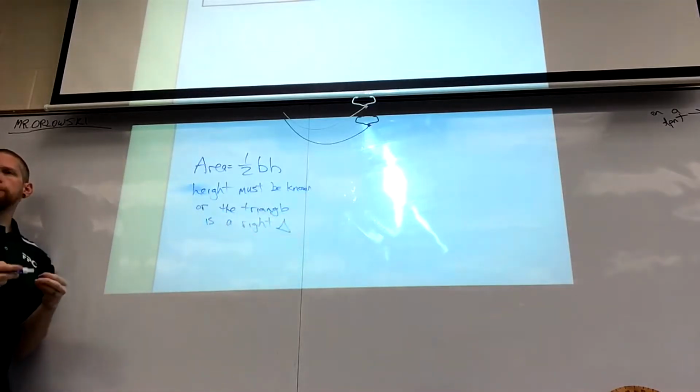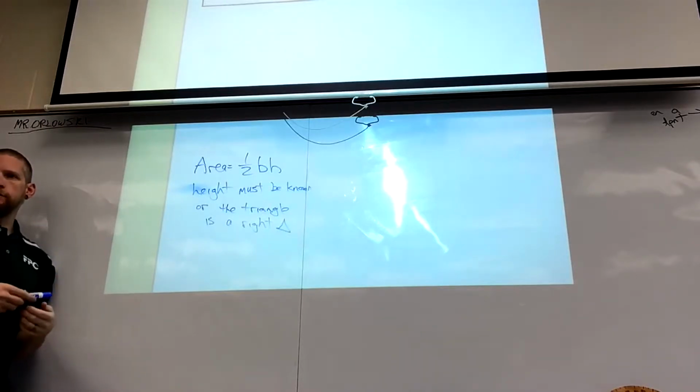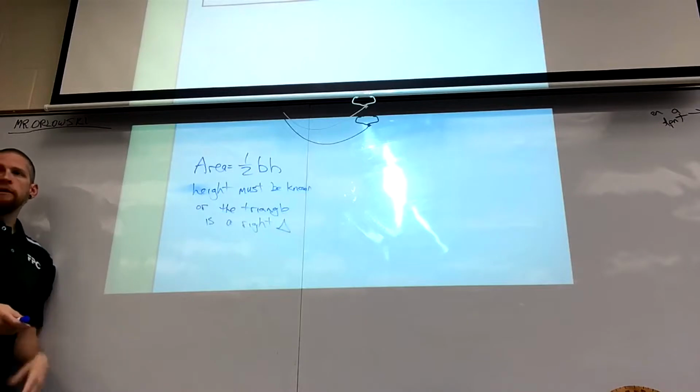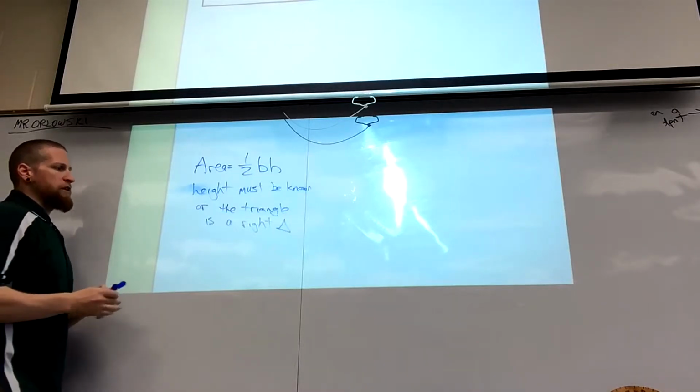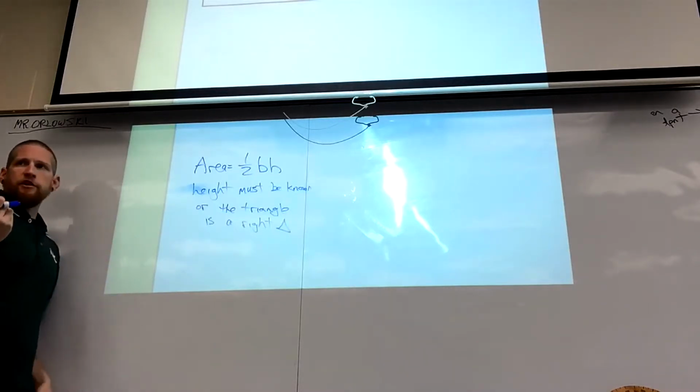So if they don't flat out tell you what the height is, there's no point in wasting time finding it, because we have other formulas to work around it. If you have a right triangle, the legs are your base and height.